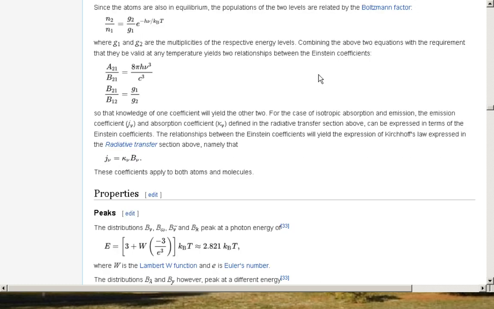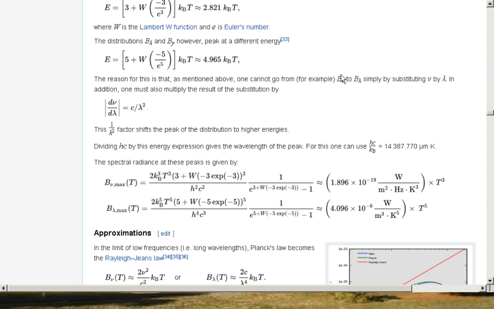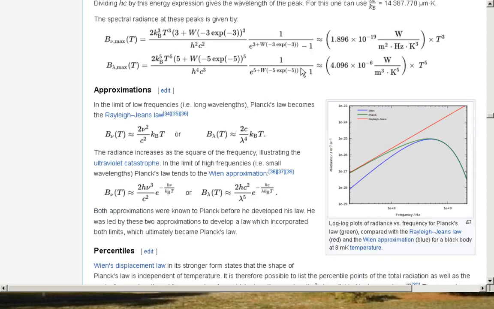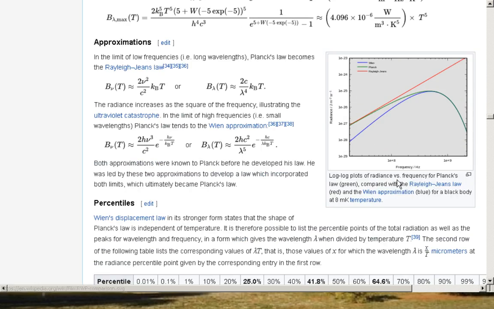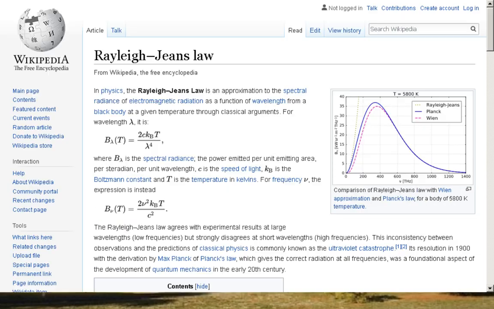Maybe. There's a lot in here. Log plots of radiance versus frequency for Planck's law. Okay, the Rayleigh-Jeans law, that's important.